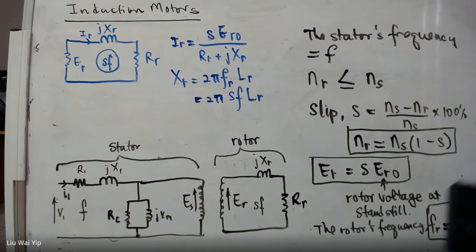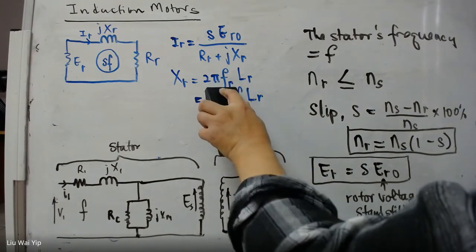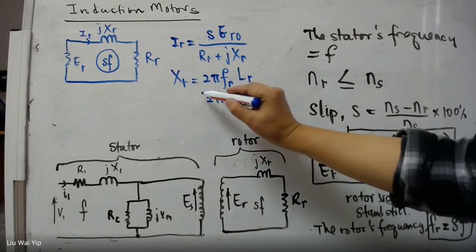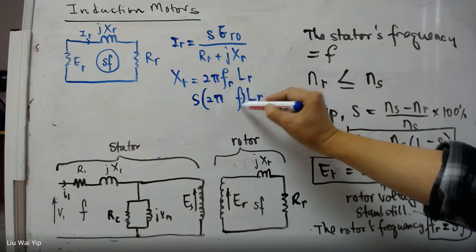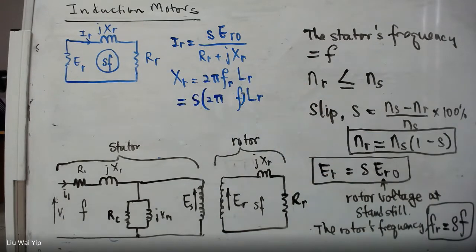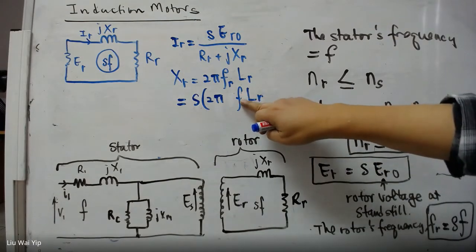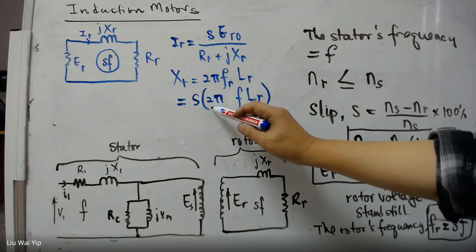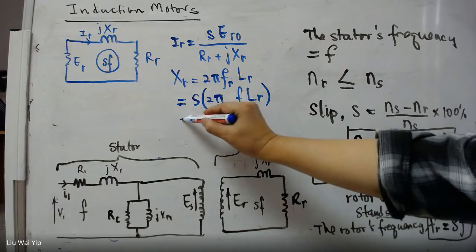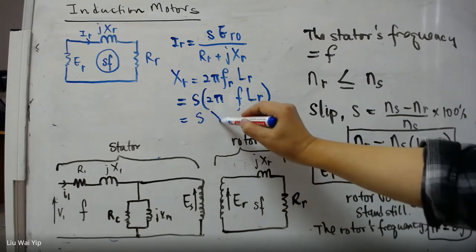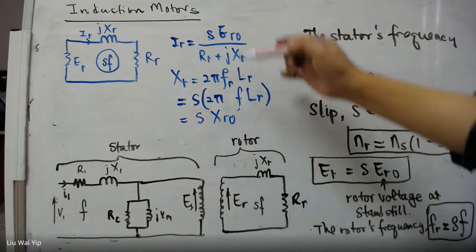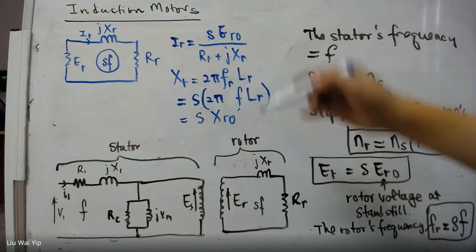The frequency will be less. So how about that? We move this S out of the bracket. So we end up with this formula here, and we define this expression as XR0, where XR0 stands for the reactance at standstill.